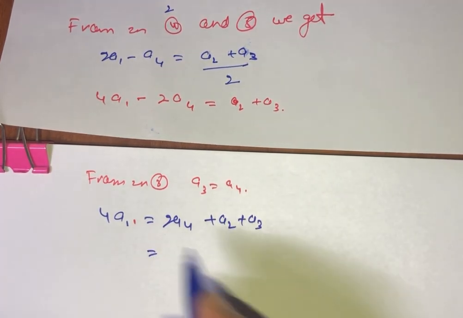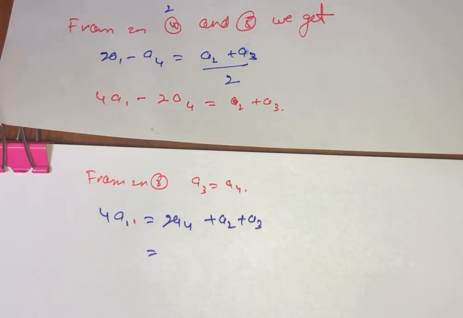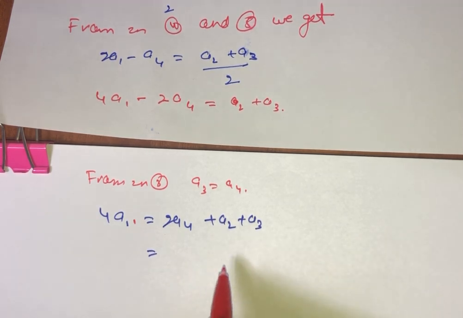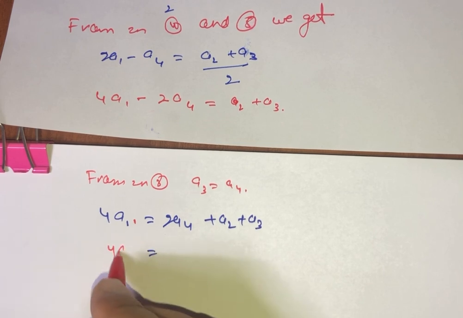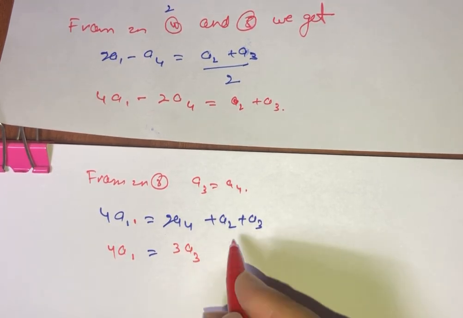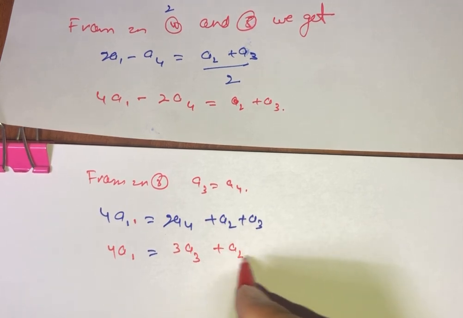Now we put the value a3 as a4, so we get this as 4 times a1 is equal to 3 times a3 plus a2.